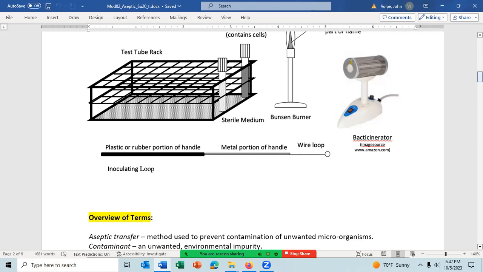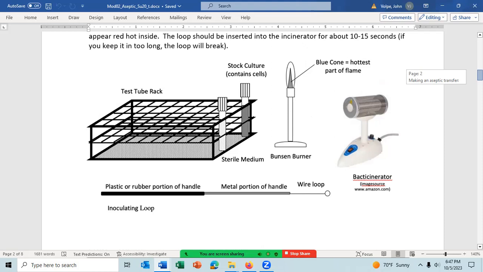And how you do that is you put it in either the flame, which we almost never use in the microbiology lab anymore. We have bacto-incinerators, which you turn on, and about 5 minutes later, the stone inside the bacto-incinerator will be red hot.